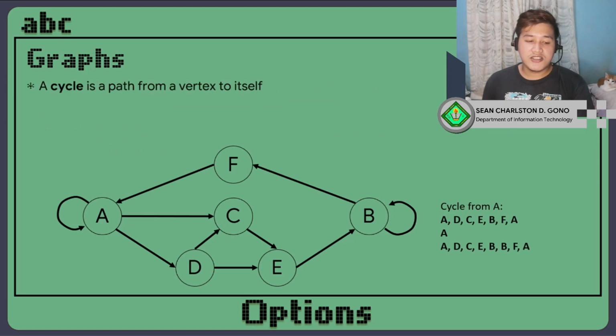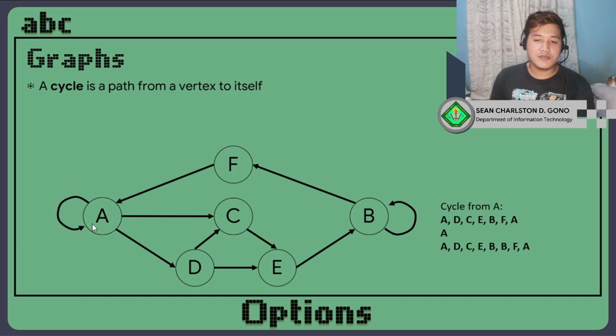On graphs, we also have cycles, and a cycle is a path from a vertex to itself. Let's consider the example again right here, but this time we're going from A, going back to A again. So the simplest path that we can take to cycle from A is A going here and A again, because we have a loop right here.